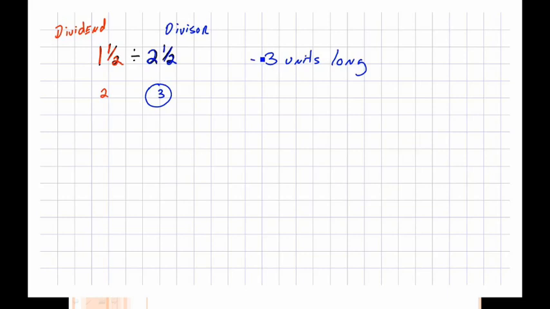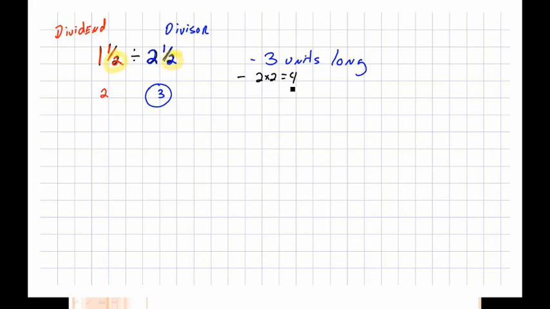How many pieces does each one of those units need to be broken into? If we look at our denominators, we have a 2 and another 2. We multiply 2 times 2. 2 times 2 equals 4.